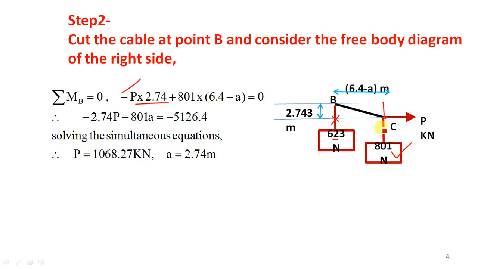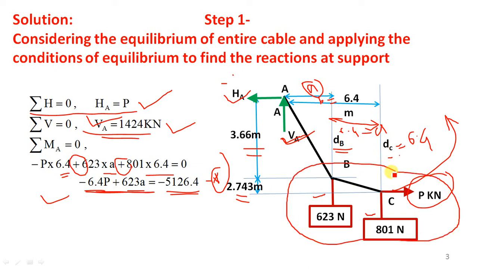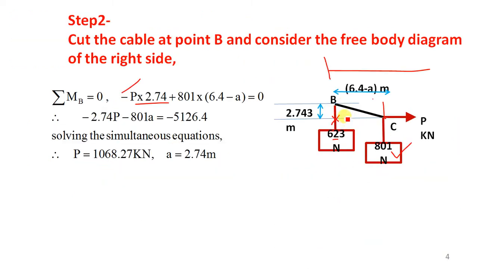Then this 801 into 6.4 minus a, because we know that this total distance is 6.4. From that, if we subtract a, this distance is 6.4 minus a. So we have considered only this much portion of the cable.